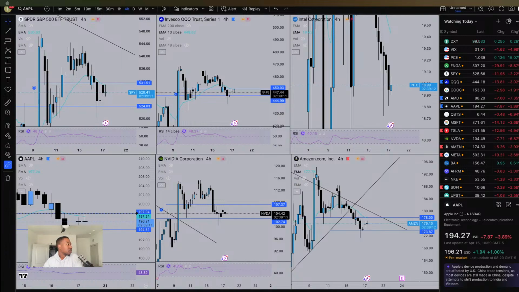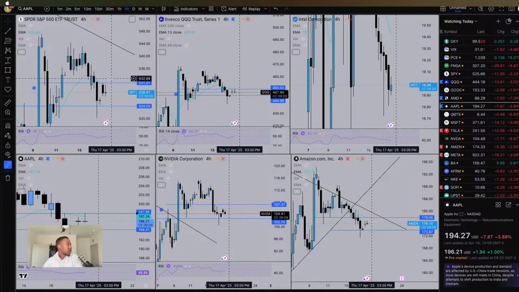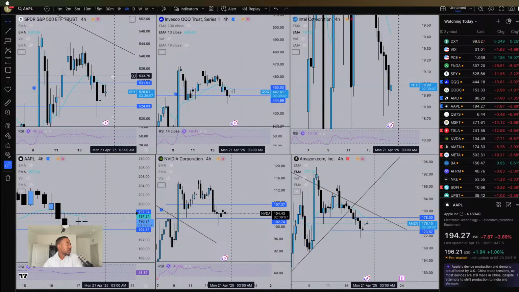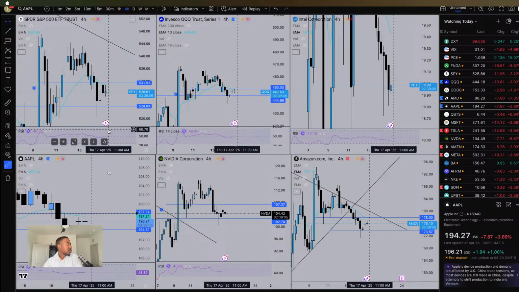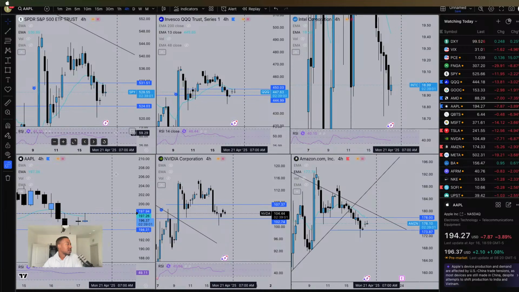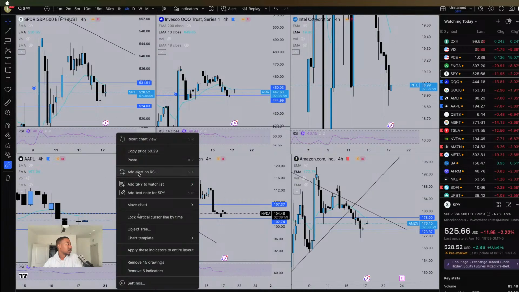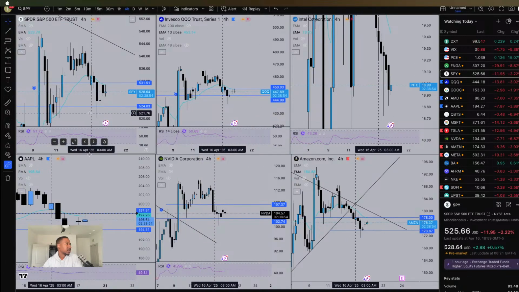Do you know how to set an RSI alert? If you're talking about on TradingView, it's the same way I set alerts up here on the SPY. You hover over the RSI zone, right click, and add alert on RSI. It would be the same thing.